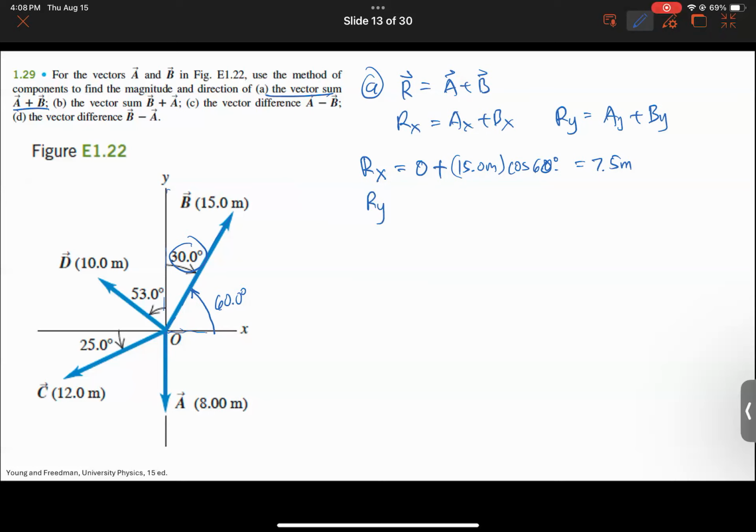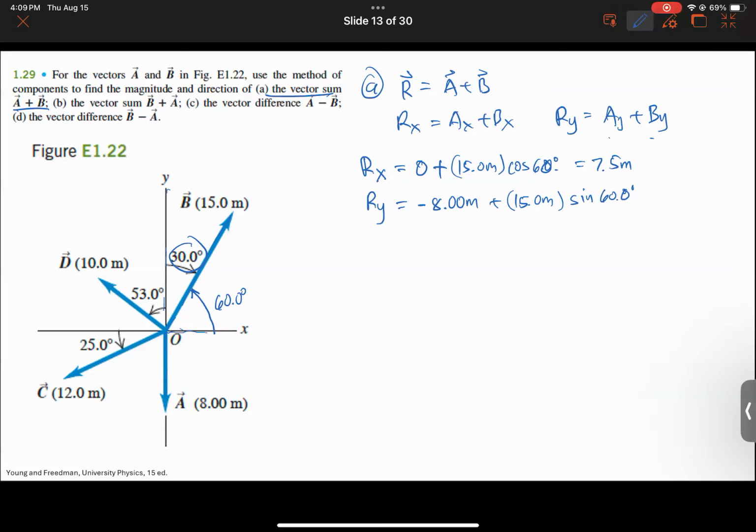Ang component ng resultant vector along the y-axis is the sum of the components of A along the y-axis and components ng B along the y-axis. Yung A ay may component na negative 8.0 meters. At yung B ay may along the y-axis ay may component na 15.0 meters times sine ng 60 degrees.